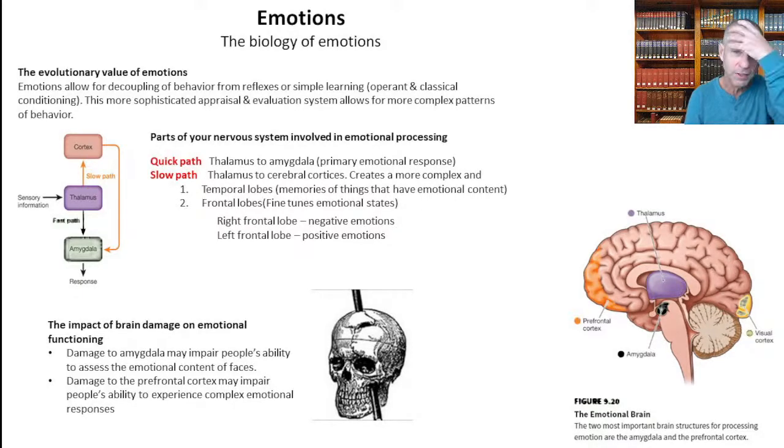Now, we have developed this frontal lobe as human beings, and this really big frontal lobe has allowed us to evaluate objects for their emotional impact. So not only does your amygdala light up, but that information is transferred to your frontal lobe, which evaluates the object more closely to make sure that you really are afraid of the object that you see, or you really do like the object that you see.